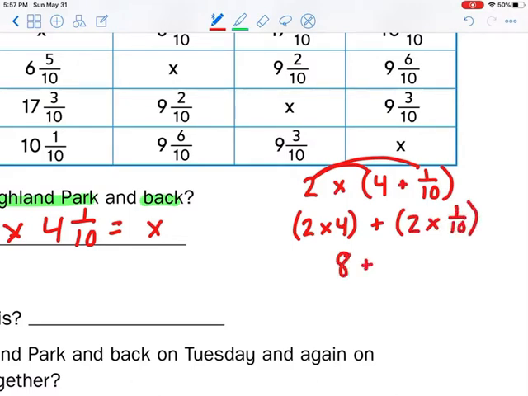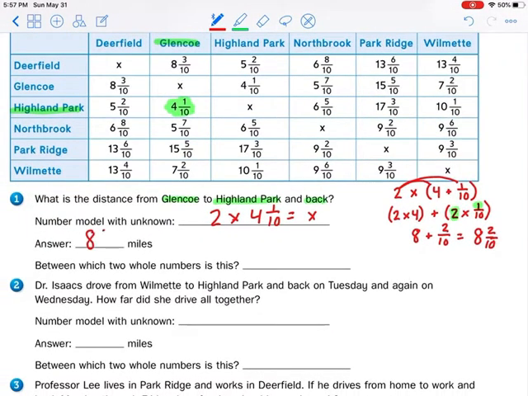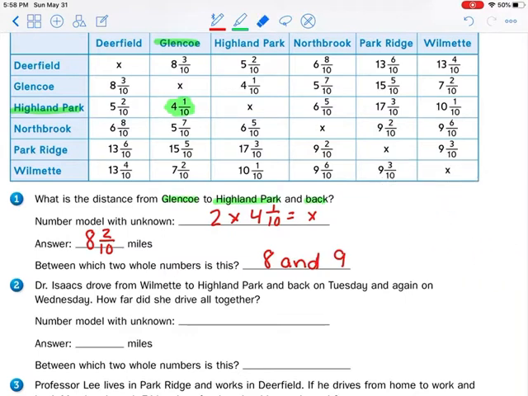Then 2 times 4 is 8, plus, remember you do the whole number times the numerator, which is 2 times 1 is 2, and the denominator stays the same, so your answer is 8 2/10 miles. And between which 2 whole numbers is this? It is between the whole number 8 and the whole number 9. All right, I'm going to erase my work over here because I might need to use this little spot together.